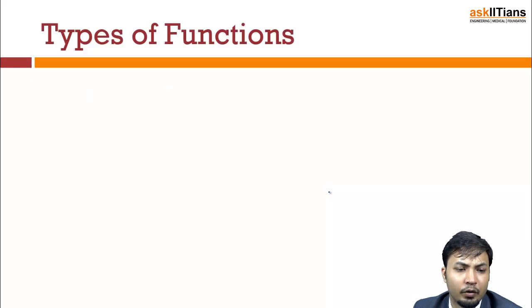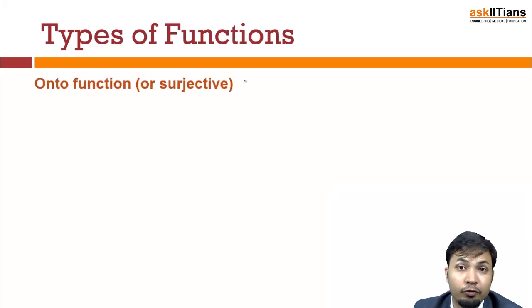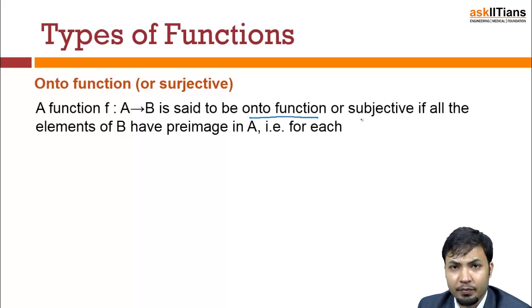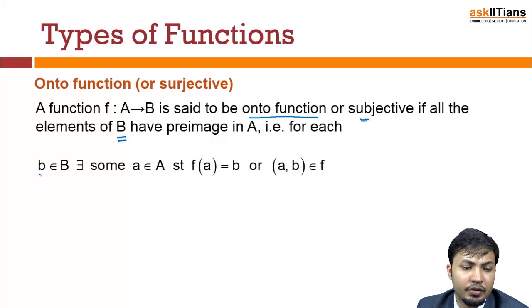Alright, now next, the onto function. For an onto function, I define that my function from A to B is said to be onto or surjective if all the elements of B have a pre-image in A. That is, for each element b belonging in B, there exists some a belonging in A such that f of a is equal to b, or (a, b) belongs in f.